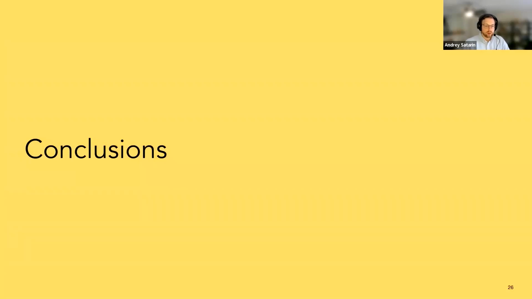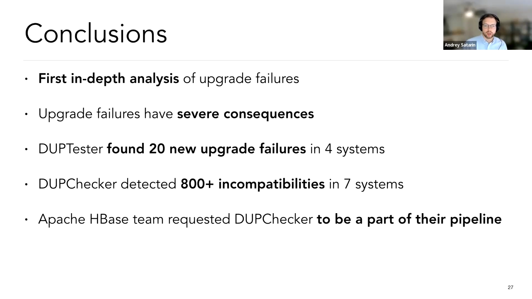So overall conclusions from the paper say, first of all, this is a first in-depth analysis, as far as the authors are aware, and as I'm aware, of upgrade failures in distributed systems. They found that those failures have severe consequences compared to the general bug population. They developed the DUPTester tool and found 20 new upgrade failures in 4 systems.